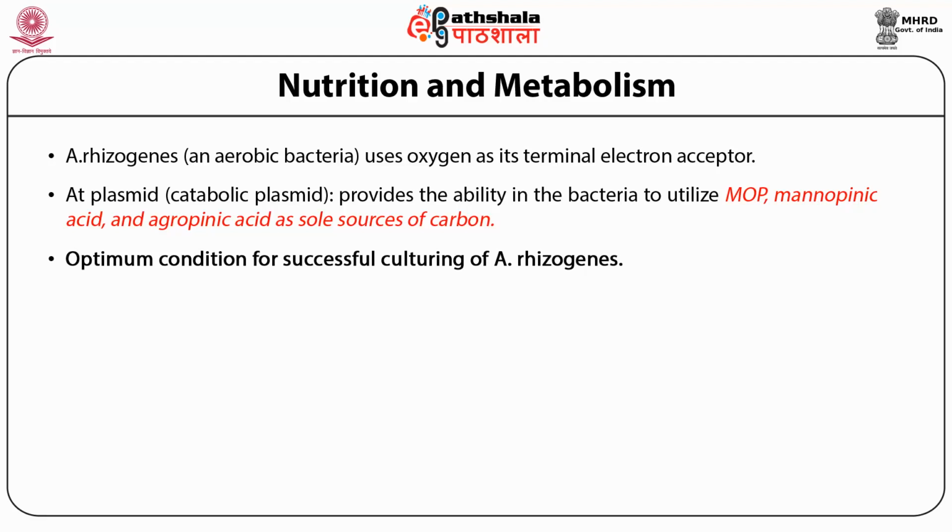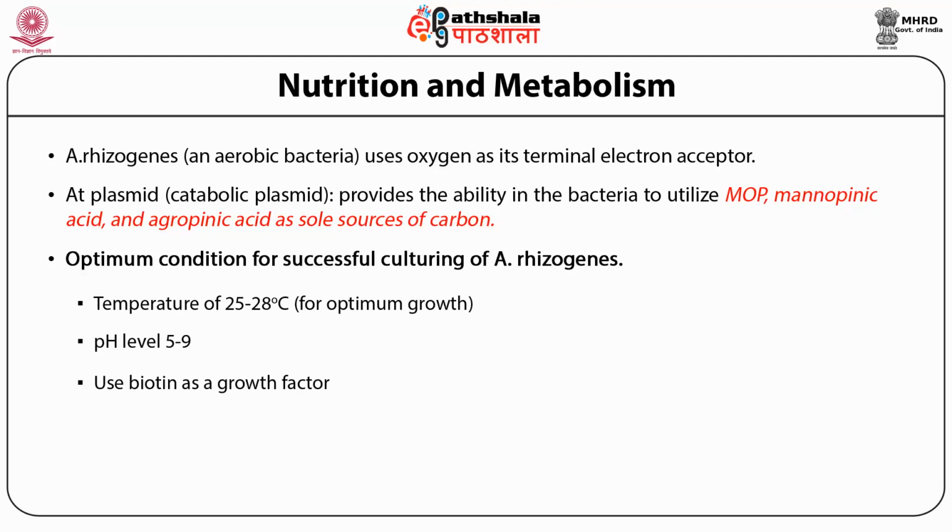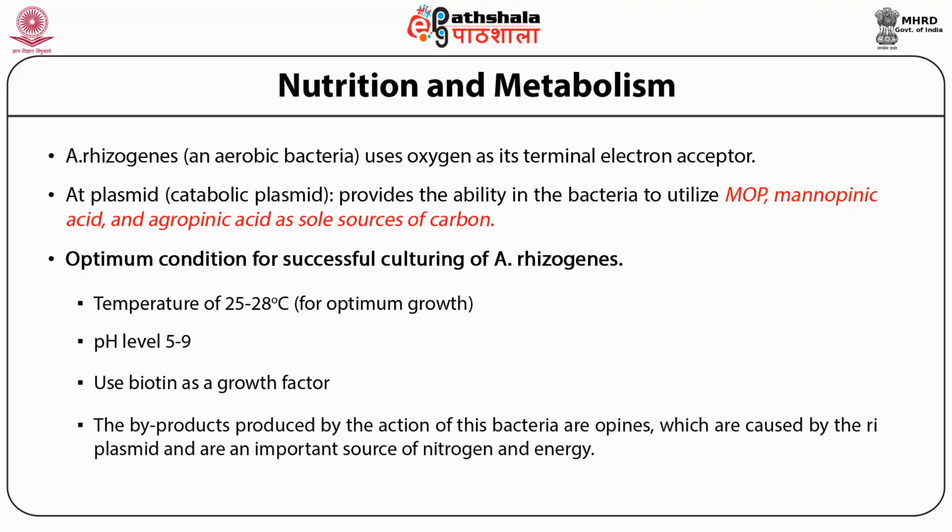The optimum condition for successful culturing of rhizogenes is a temperature of 25 to 28 degrees centigrade and a pH between 5 and 9. It uses biotin as an important growth factor. Some opines are used by this bacterium as a byproduct caused by the Ri plasmid, and they are important sources of nitrogen and energy.